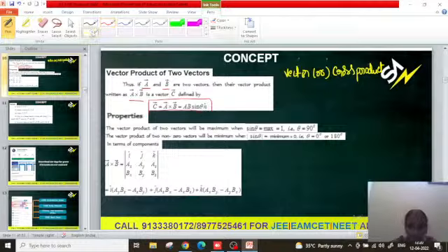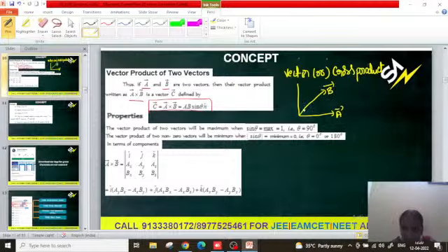So see here, we are given two vectors, vector A which is along the horizontal, and another vector B which is making angle theta with the horizontal. Now the angle between them is theta. Now vector B is resolved into its components: B cos theta, and the side opposite to the angle is B sin theta.